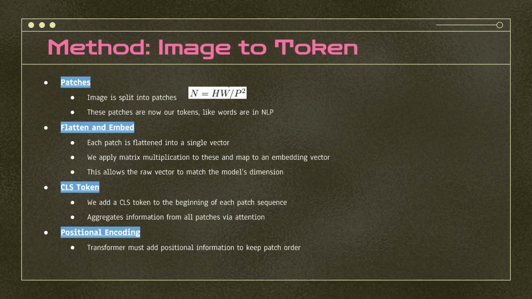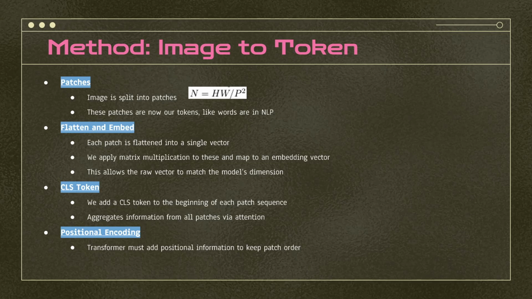So we'll go into the methods. Transformers for computer vision use patches as tokens. The image is split into patches. The number of patches is given by the height and the width of the image divided by the dimension of the patches, 16 by 16 in our case here. These patches are now used as our tokens, like words were in NLP.